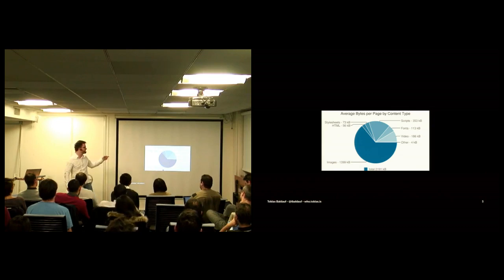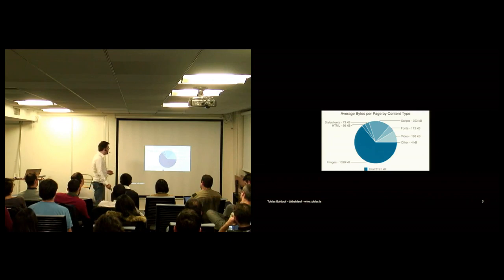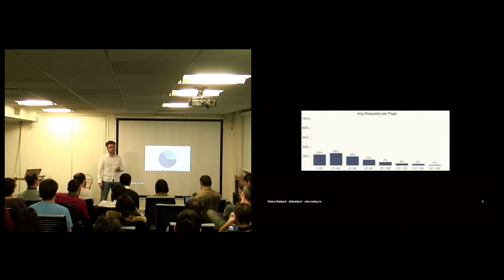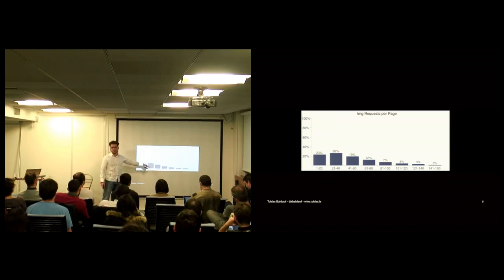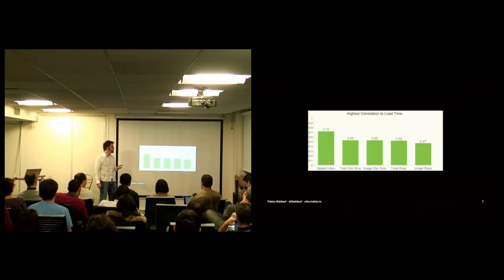And the statistics are for the Alexa top 1,000. So this is an average. That translates into like 64% of all the data that is shipped over the wire to make a website is image data. That's big. In terms of HTTP requests, that comes up to anything between 20 and 40 HTTP requests in general. It's really, really a lot of HTTP requests just for images.